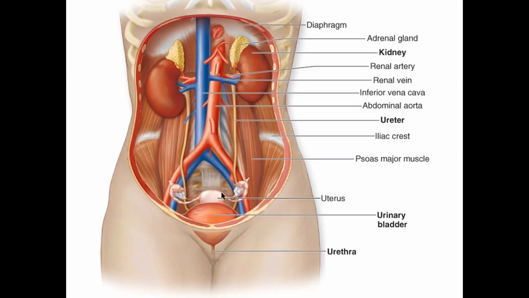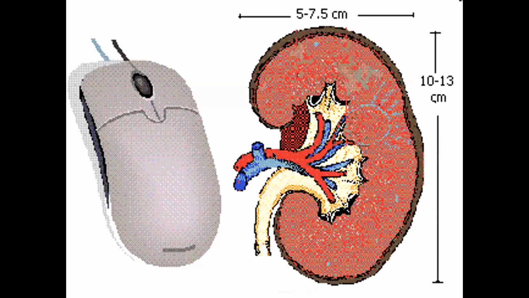If in the female, there's the uterus, the oviduct or fallopian tube, and the ovaries. And of course, the bladder. Here's an oldish diagram I found some time ago, and here's a mouse I'm using, that's about the size of the kidney.